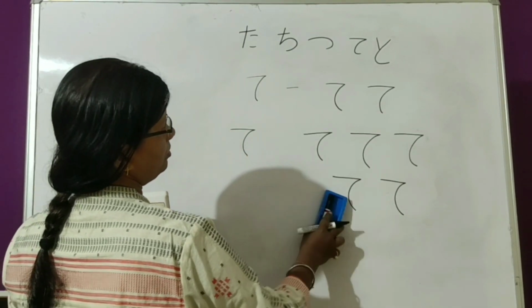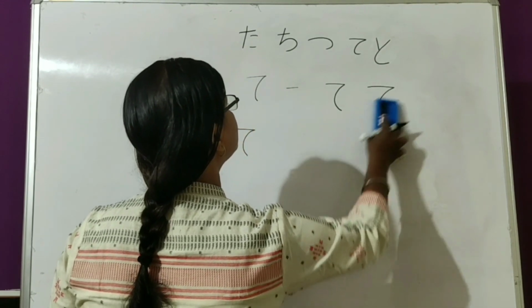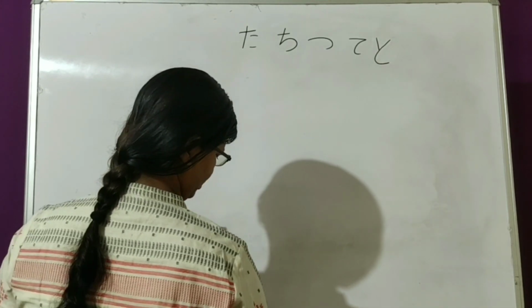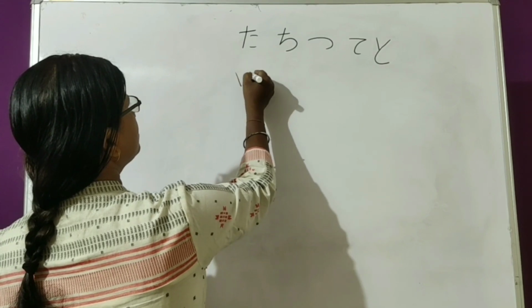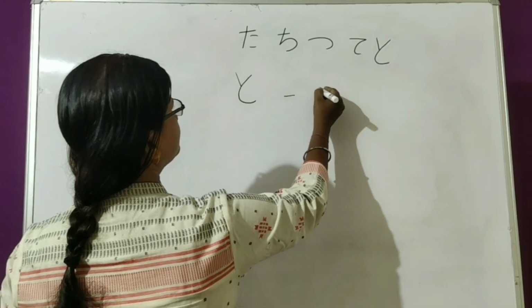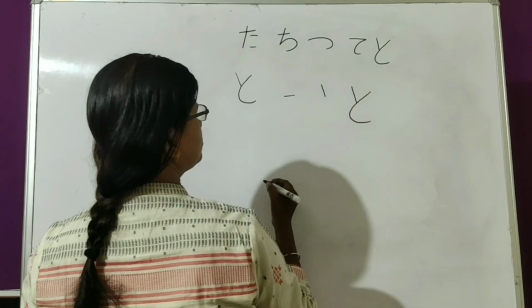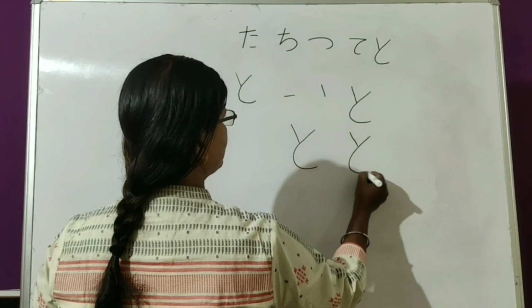Now is to. The last alphabet of this row is to. First stroke, second stroke, to.